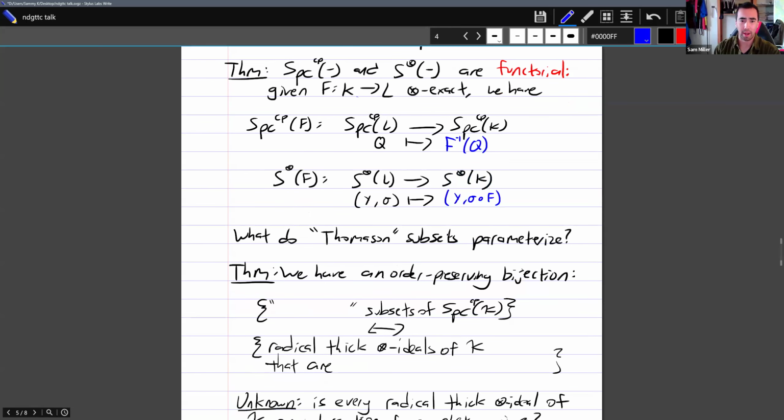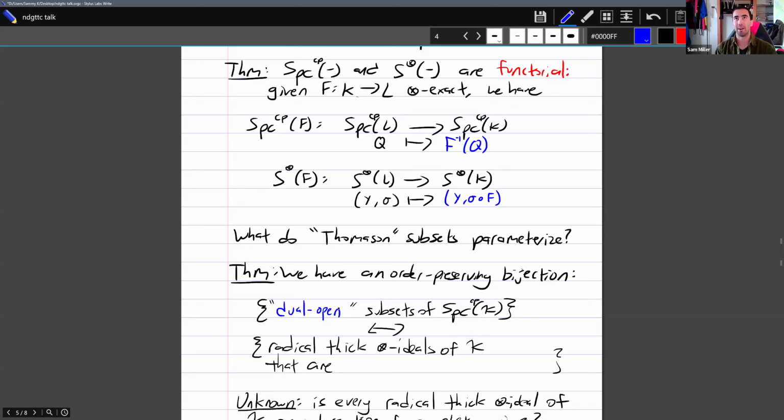So that's nice. Now, any reasonable support datum should hopefully have its closed subsets, or specialization closed subsets, or Thomason subsets, parameterize something. And in this case, they do parameterize something. It's not the nicest thing in full generality, but at least it holds. So we have an order preserving bijection between what I'll call dual open subsets, which morally should be open under the Hochster dual topology.